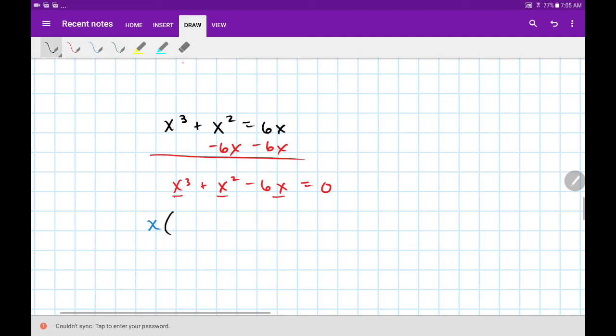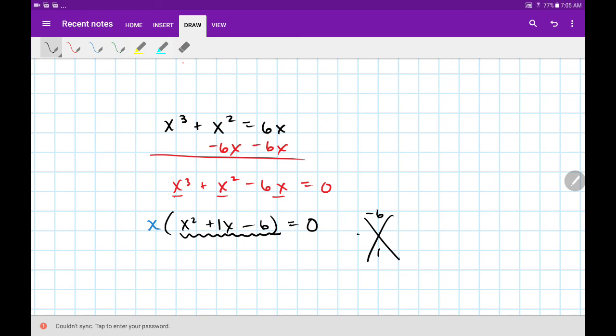When we do that, we're left with x squared plus x minus 6 equal to 0. We have to factor this all the way before we can start finding our roots. So observe here, we can do magic x with that guy. We need two numbers that multiply to negative 6 and add up to positive 1. Perhaps 3 and negative 2.